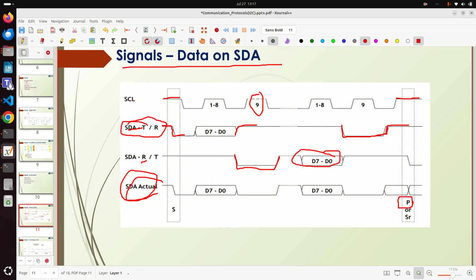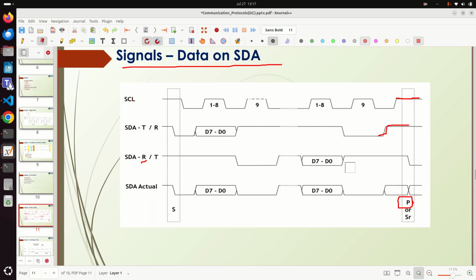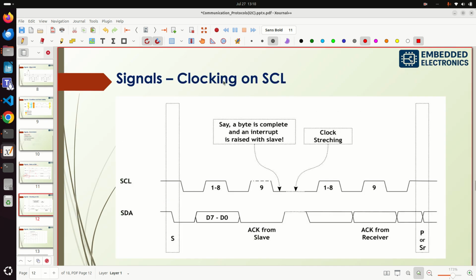The actual SDA shows the AND operation of these two lines, the transmitter and receiver. So here it is 0, then it is 1. The AND operation of this is 0. Data and 1 is nothing but data. 1 and 0 is nothing but 0. Okay, this is the AND operation. We consider only this line. Okay, this is about the data on SDA, and next is the signals clocking on SCL.